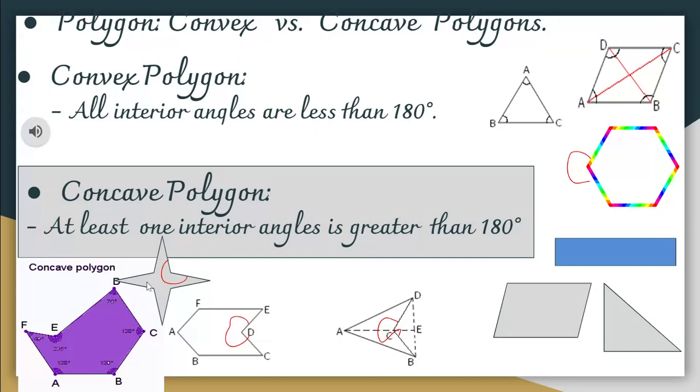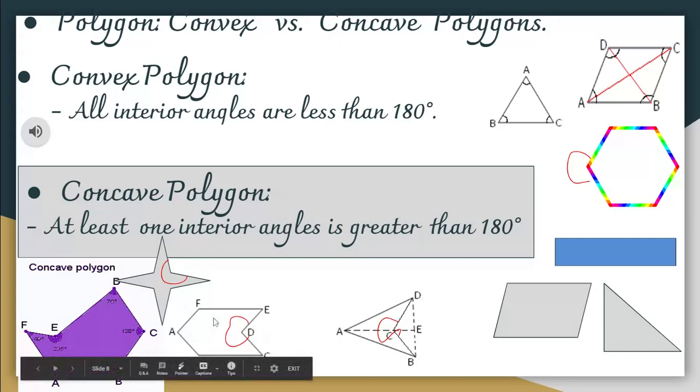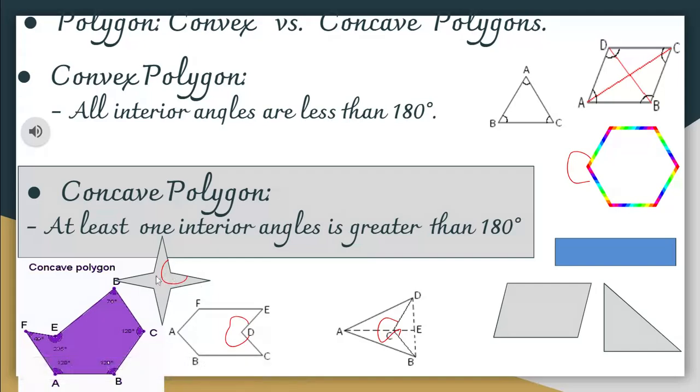Clear? So if one or more than one interior angle is greater than 180 degrees, then that type of polygon is a concave polygon. And the moment one of these angles becomes greater than 180 degrees, it forms a cave-like structure. Like as you see in the first image, look at this angle which I have drawn with a red color. This is an interior angle.